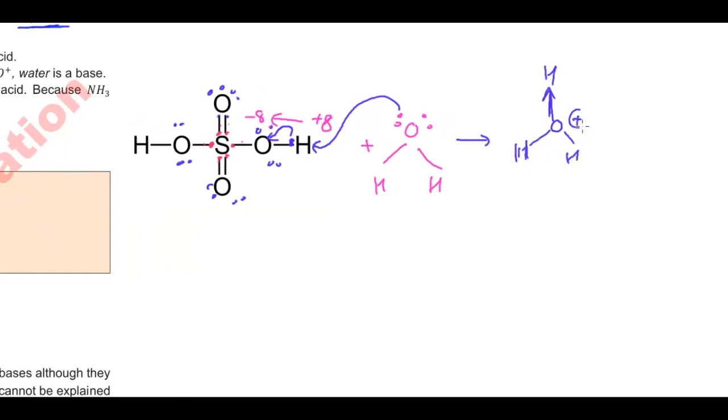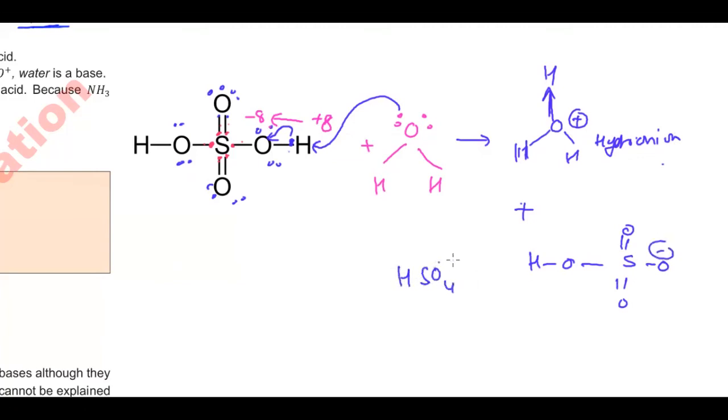Then after removal of this proton, we will be left with hydrogen, oxygen, sulfur, and O negative ion, which can be collectively written as HSO4 negative ion.